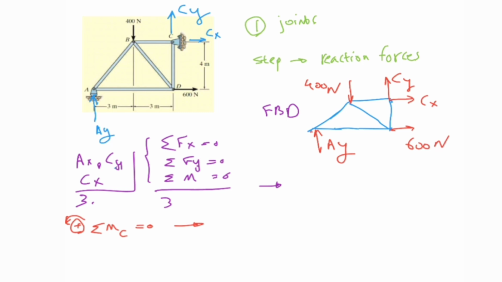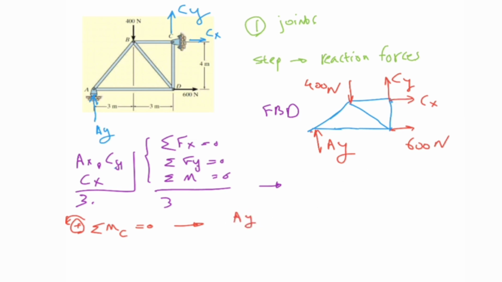By writing down the sigma M around C, I would have Ay, which is making a clockwise rotation. If you put your finger here, the type of rotation that this force is making is a clockwise motion, if you assume that it is going to make a motion around this point.